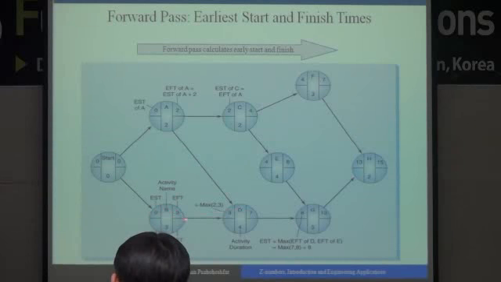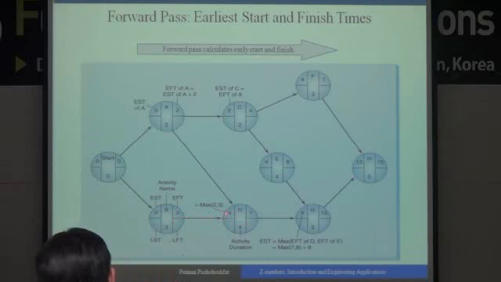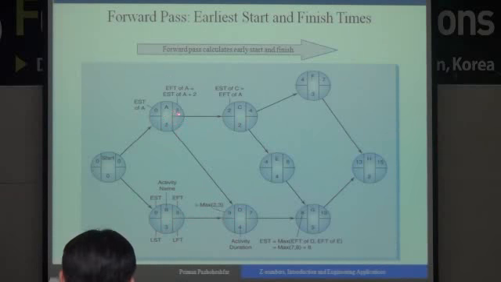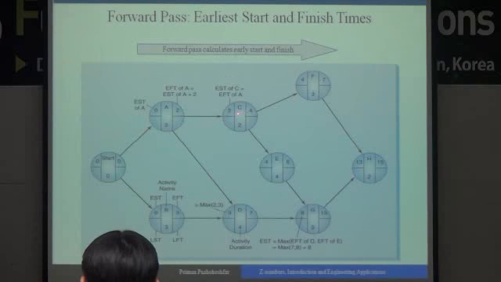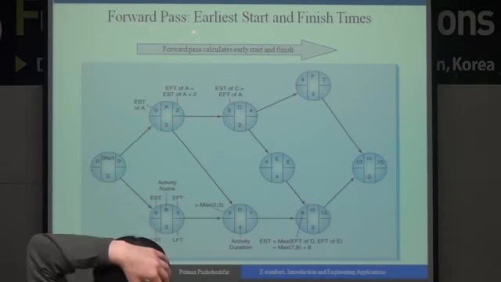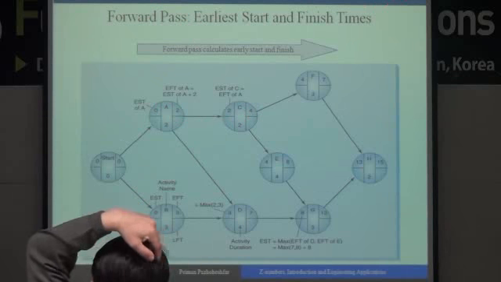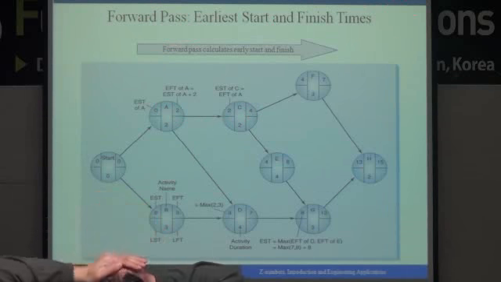So the next activity will start at, for example, 3 days, and here it will finish in 2 days, and the next activity C will start, earliest start is 2 days. We can calculate all these values by the forward pass, which gives earliest start and finish times.